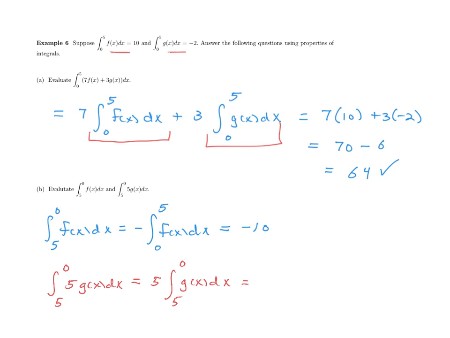And then the next thing we can do is switch the bounds of integration from 0 to 5. However, if we do that, that is the negative of what we have here. Now this thing is equal to negative 2, and it's being multiplied by a negative 1. This is 5 times positive 2, and the answer turns out to be positive 10.